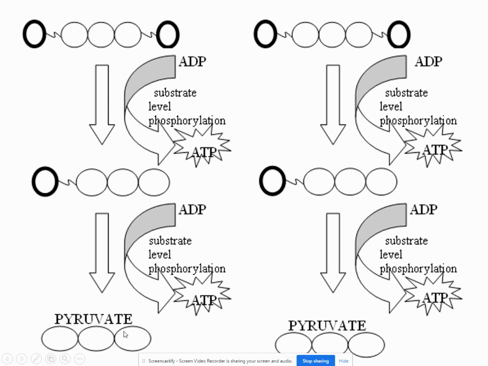If no oxygen is present, you guys talked about this before, this actually changes into lactic acid, which is a 3-carbon molecule as well. No CO2 is lost. It's pretty nasty stuff. In yeast, we actually chop off one of these carbons and it becomes CO2. Ooh, we get bubbles in beer, and we get ethanol, which is a 2-carbon molecule.